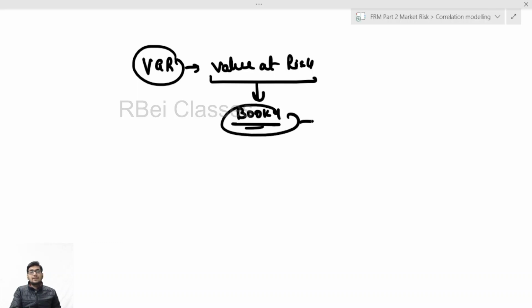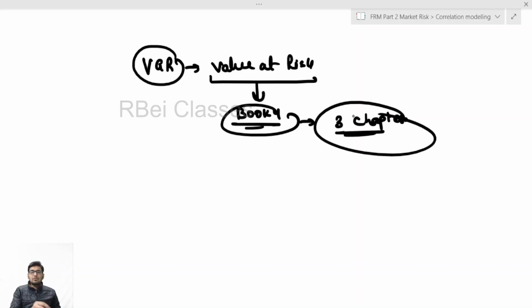There are dedicated 3 chapters on the topic of VaR. So if I spend so much time on this here, why not spend the time over there? So you need to study strategically: wherever points are replicating, the same point is here and the same point is there, then let us understand where it has been explained in the better way.